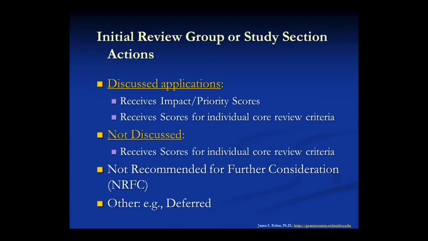It's very detailed, and applicants can still take these review criteria and submit a resubmission application addressing them, even though they're not discussed at study section. Those that aren't discussed at study section will get an overall impact score, as I said, which is the mean of the impact scores from all of the other reviewers.